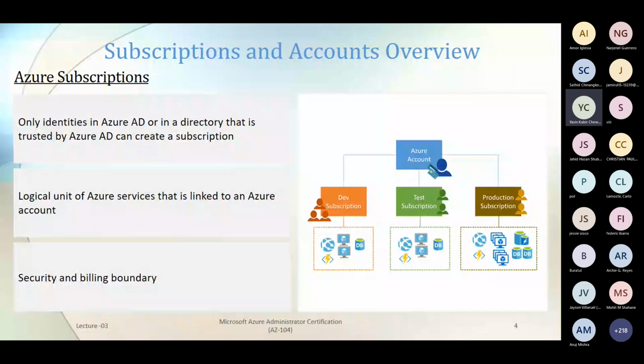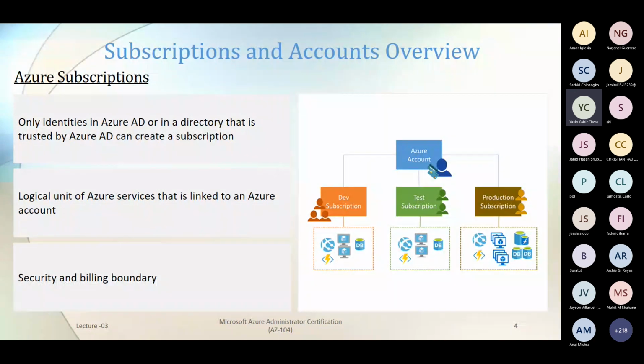Why is this needed? We can do one subscription and make resource groups or a group manager. But one thing you can do is check the billing system. Suppose you can see how much bill is generated by the development subscription, how much by the test subscription, how much by the production subscription, and you can make a budget there.